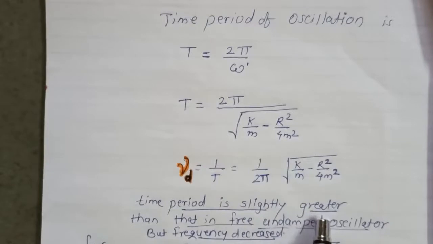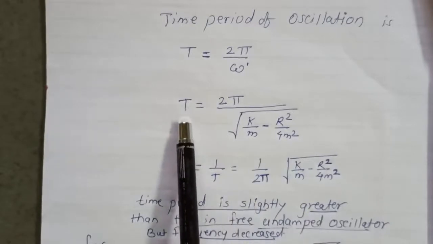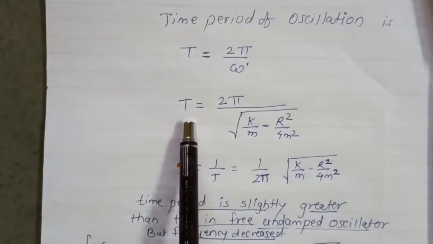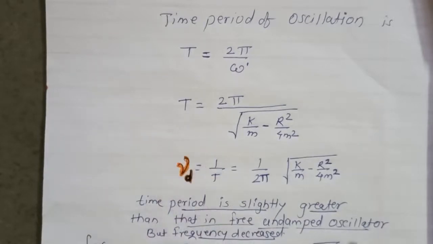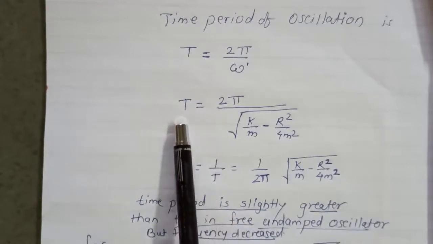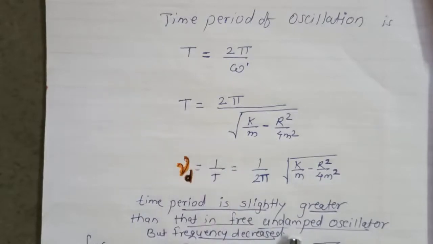The time period T for damped oscillation is slightly greater than that of the undamped free oscillator. The time period of damped oscillation is greater than the time period of undamped oscillator, but the frequency decreases.